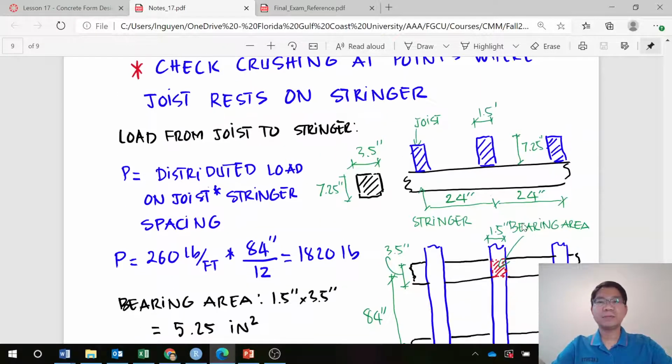And how to determine that? As you can see, first we need to find out the load that the joint applies on the stringer at that local area.